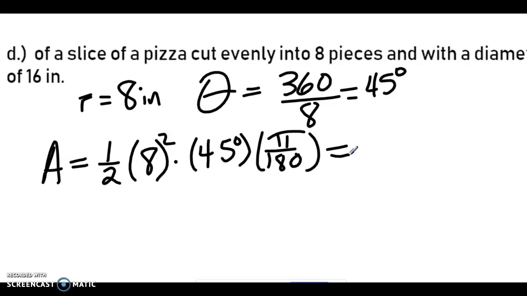So a whole lot going on there. 45 goes into 180 4 times, I think. Anybody agree with me on that? 45 times 2 is 90, so yeah. So then 8 squared is 64, half of 64 is 32, 32 divided by 4 is 8, so did you get 8 pi? Okay, and that would be inches squared.